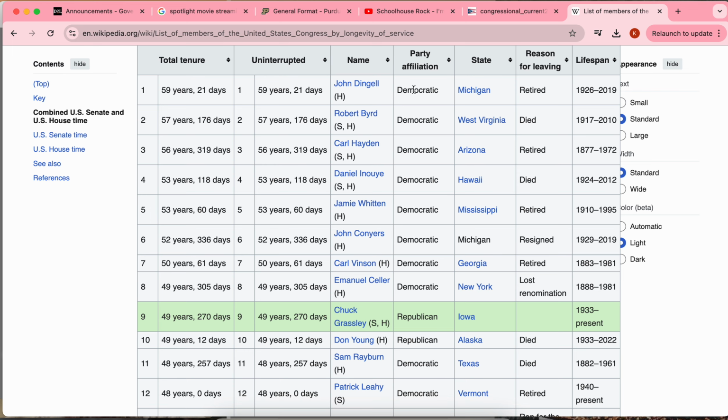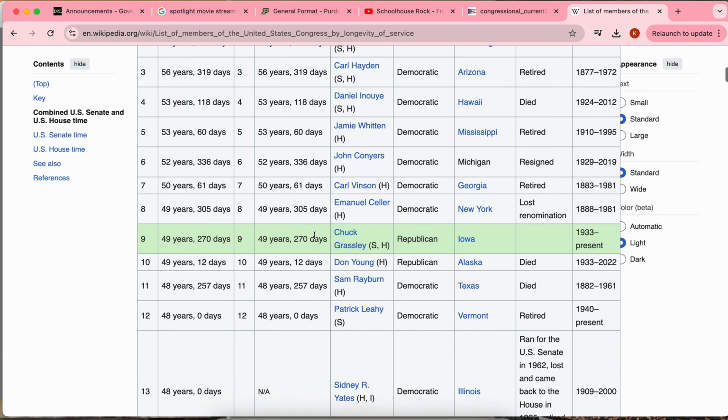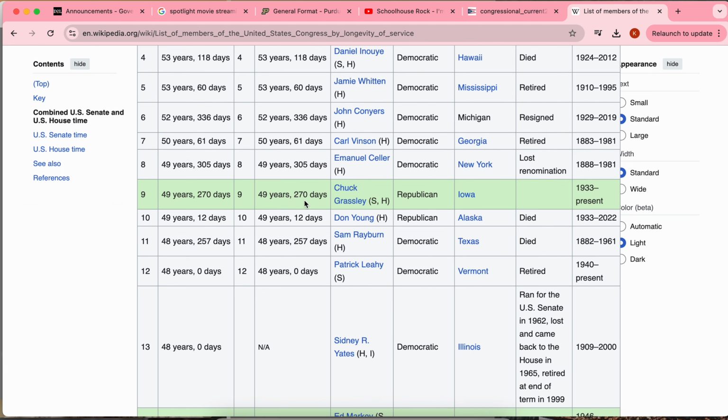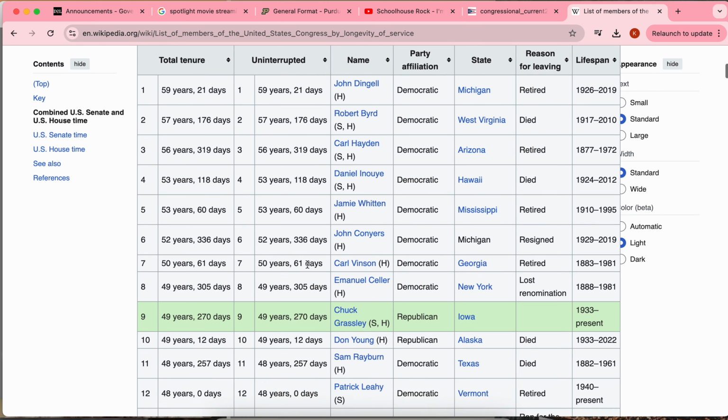This guy from Michigan was in office for 60 years. Chuck Grassley, who's still serving, has been in office for basically 50 years. Uninterrupted, which means straight through, which means elected.